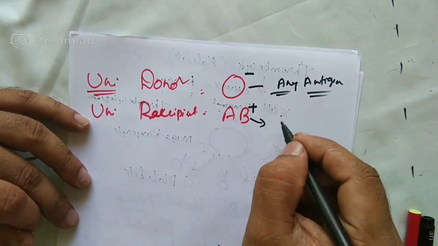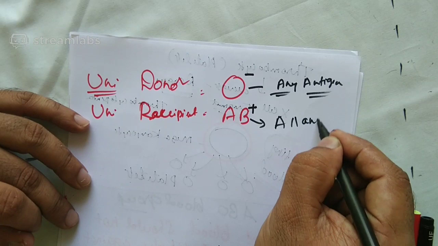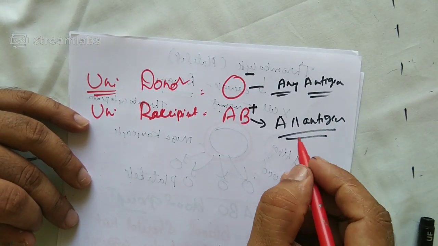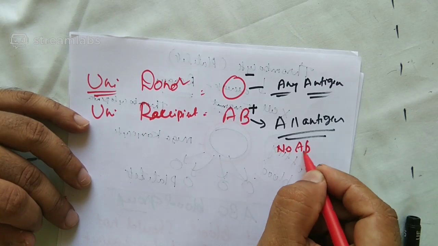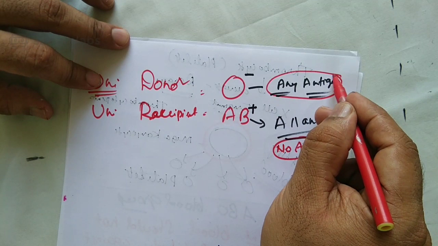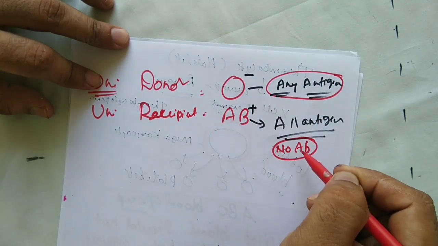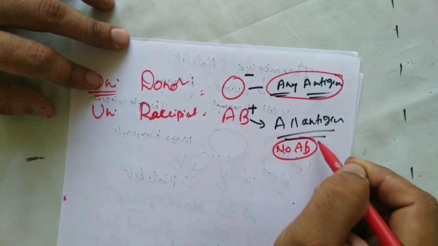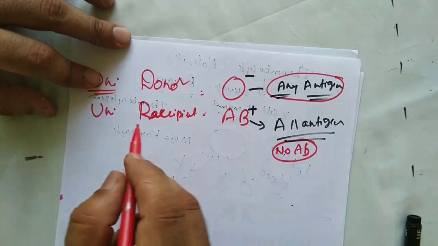He has all antigens. Since he has all antigens, no antibody. He doesn't have any antibody. See, he is the recipient. Recipient blood should not have any antibody. So he doesn't have any antibody. So he is a universal recipient.